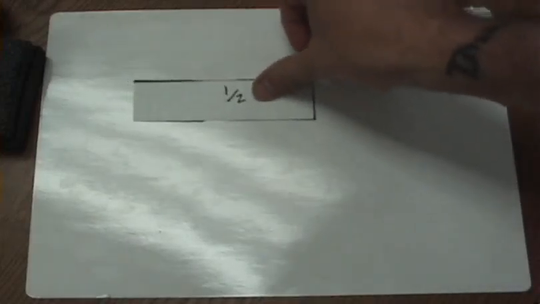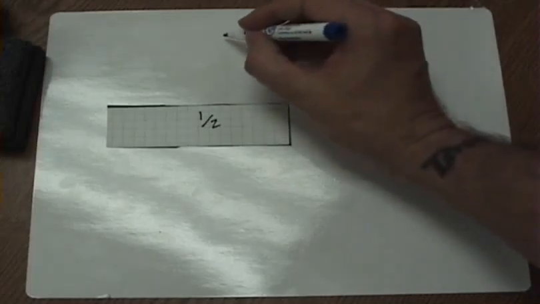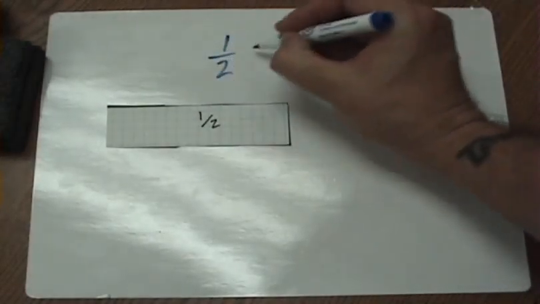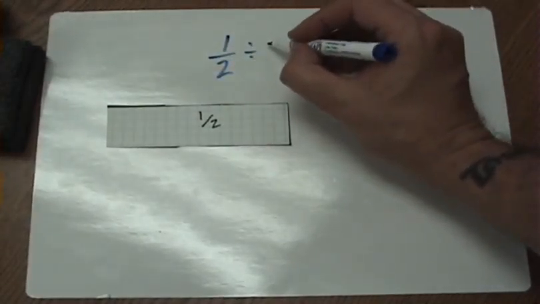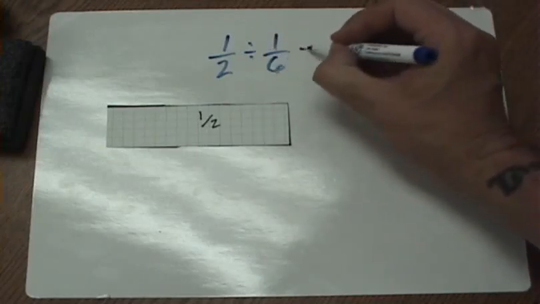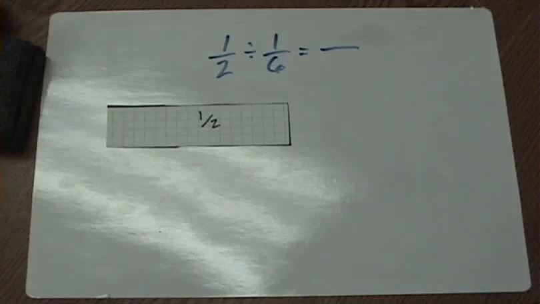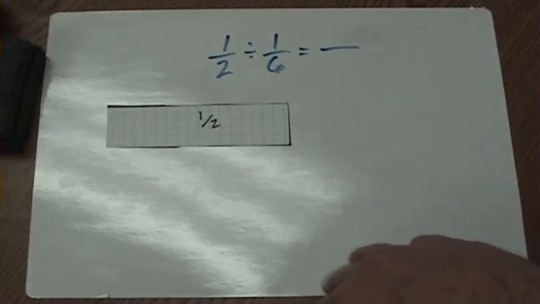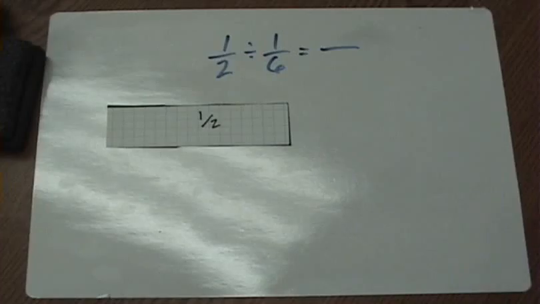Now what if we do this with fractions? Let's say I want to do 1/2 divided by 1/6. What I'd have to do is see how many groups of 1/6 I could get into 1/2.